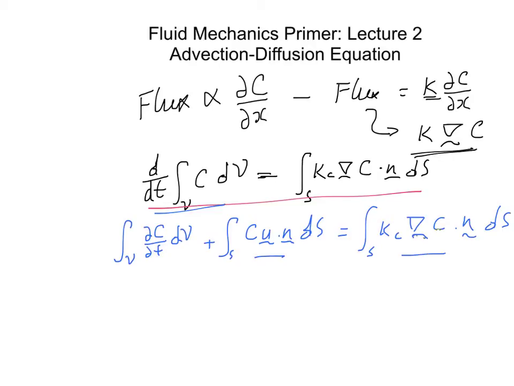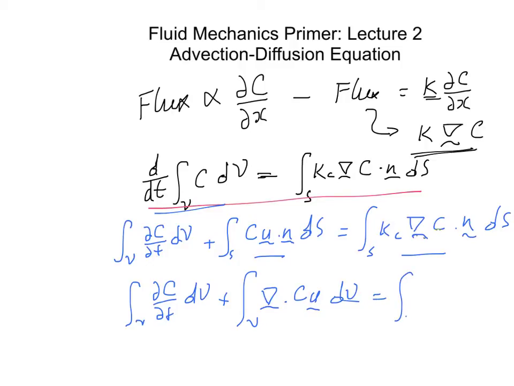The way we do that is we integrate over the volume, so this first term is unchanged, and we now have an integral over this volume of the divergence of C times U. And on the right hand side we end up with the divergence of kappa times grad C dV.